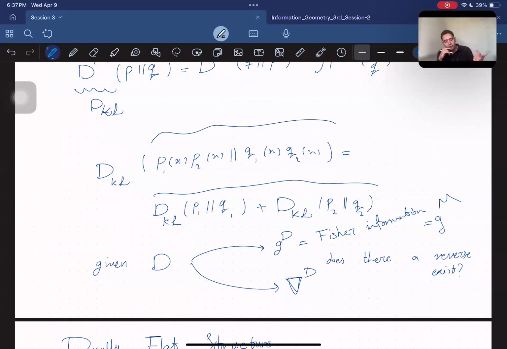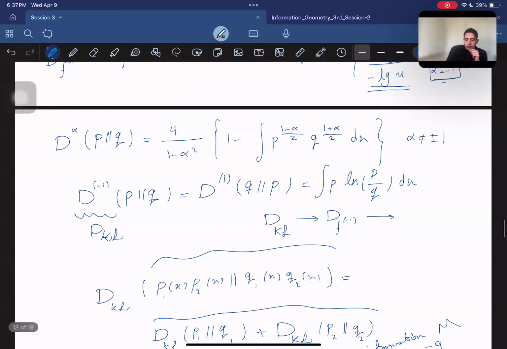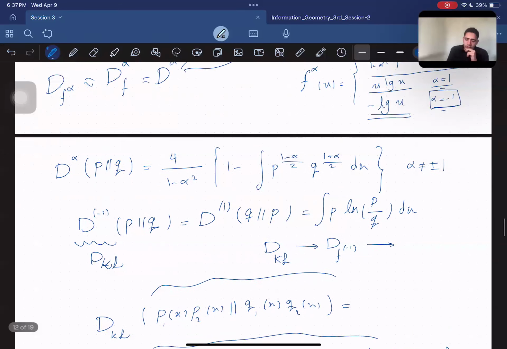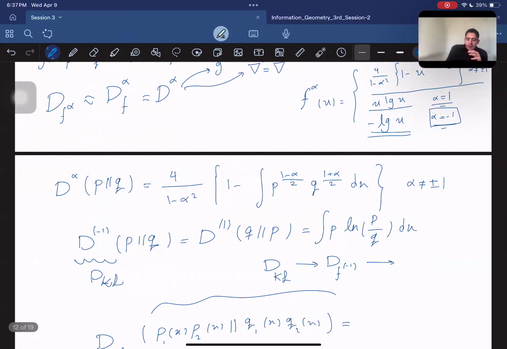We saw already that KL divergence, if we take a look at this, it would be df of minus 1. If you remember, we showed through calculations. Actually, we didn't show, we just used the knowledge. If we put alpha equals that, then the induced affine connection would be the same as alpha connection. This is this.